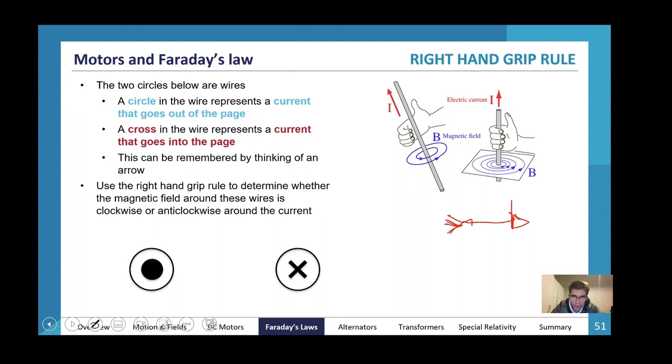If you're shooting at the bullseye, from your point of view, when you're shooting towards the bullseye, you are looking at the feathers, which look like an X. Therefore, field lines that go into the page, we will note with an X. Field lines that come out of the page, we will note with a dot. Because that is like an arrow being shot towards us, right? That's the best way to think about it.